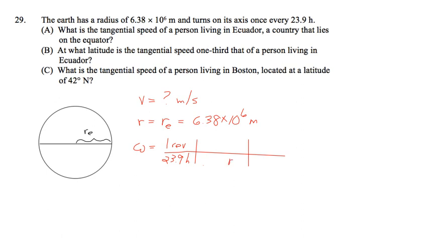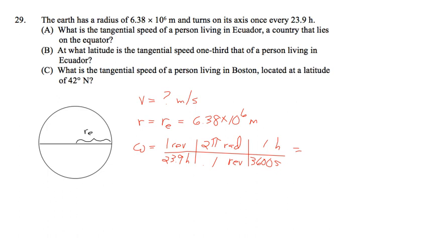So that means I need to convert revolutions into radians, and I need to convert hours into seconds. 1 hour is 3,600 seconds, and 1 rev is 2 pi radians. So if we solve that, what do we get for the angular velocity? 2 times pi divided by 23.9 divided by 3,600.